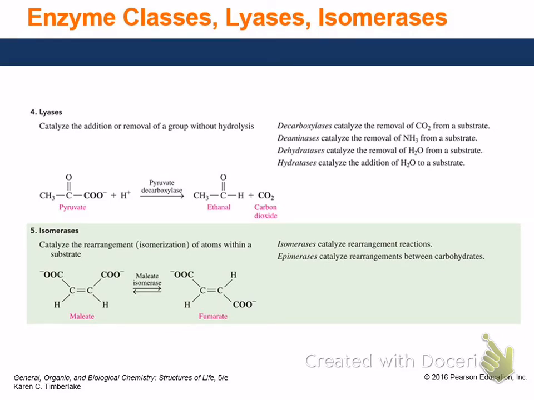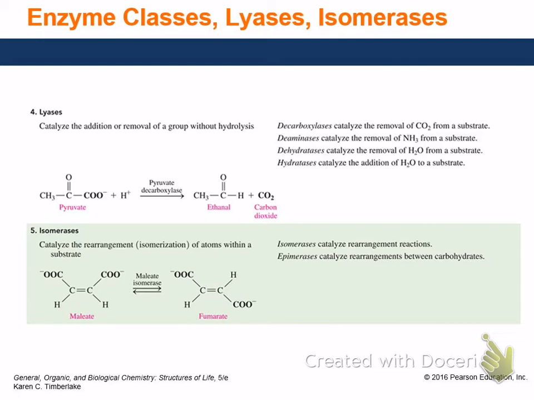So lyase just cuts things off. Here is a carboxylate, and pyruvate decarboxylase just cuts this off and replaces it with a hydrogen, and you get CO2 out. But there are non-hydrolysis reactions. So hydrolase cuts with hydrolysis, and lyases just pull a group off.